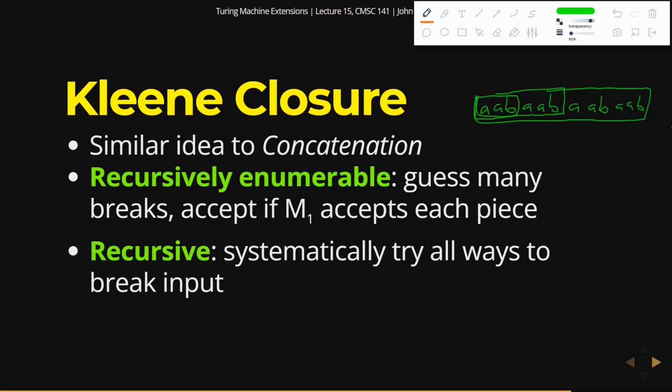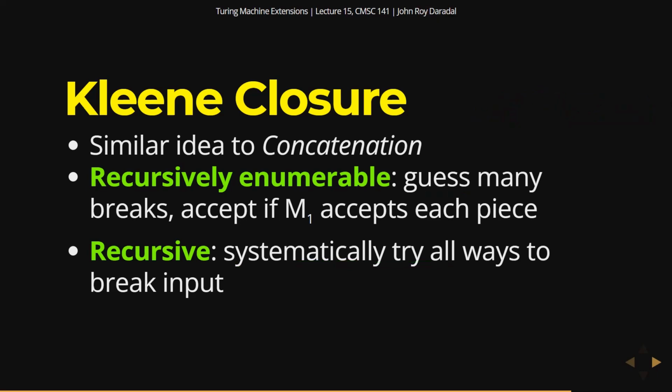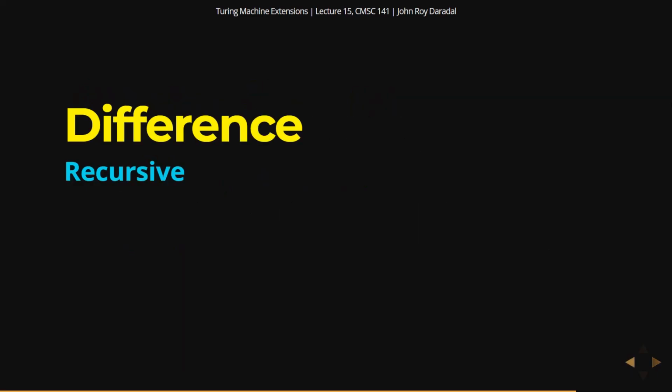So there's a lot more possibilities here. So in recursively enumerable, you can just guess correctly because it's non-deterministic. But for recursive, since it's deterministic, you have to systematically try all possibilities. Okay, so that's the common theme. For non-deterministic, you can guess correctly. For deterministic, you have to try all possibilities or brute force it. Okay, so that's Kleene closure.